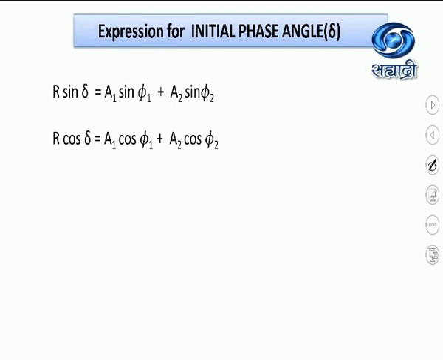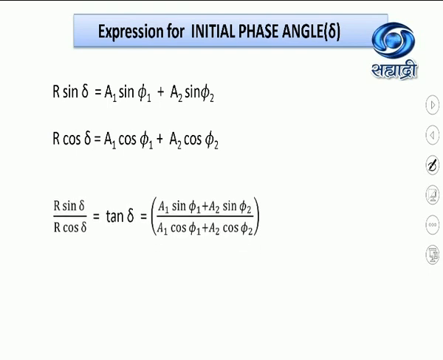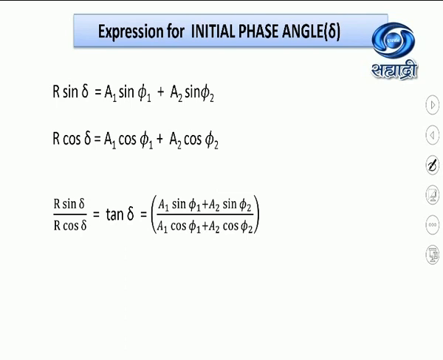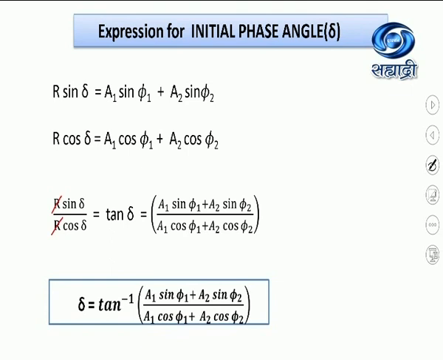Taking the ratio of R sin delta and R cos delta, R gets cancelled and we have sin delta upon cos delta as LHS, which is equivalent to tan delta, equated with the ratio A1 sin phi 1 plus A2 sin phi 2 divided by A1 cos phi 1 plus A2 cos phi 2.